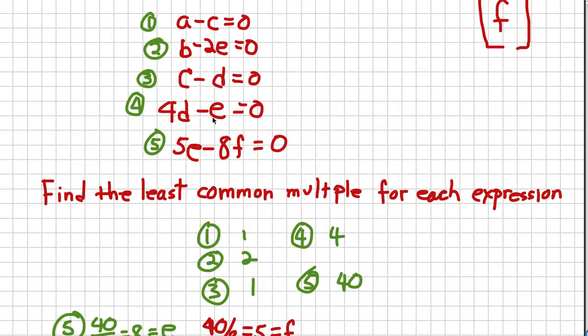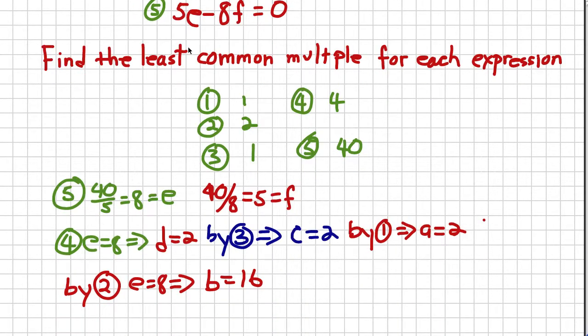If I have E is equal to 8 here, then D must equal 2. So you see how I'm doing this? If this is equal to 8, in order for this whole thing to be 0, D must equal 2. If E is equal to 8 here, in order for this whole thing to be equal to 0, B must equal 16. Okay, and C is equal to D. I just said D was equal to 2, so C must equal 2. And if C is equal to 2, then A is equal to 2.